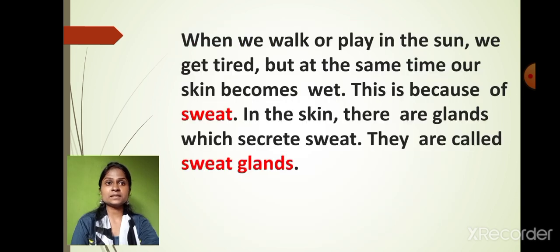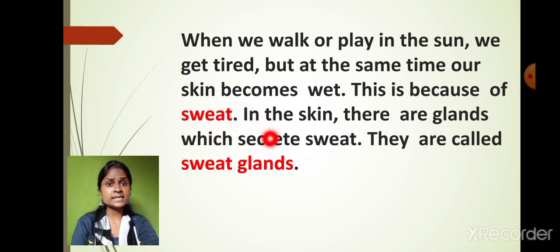Because of this sweat, our skin becomes wet. Why skin becomes wet? Because of the sweat which is coming from the skin. So the sweat is responsible for the wet skin.